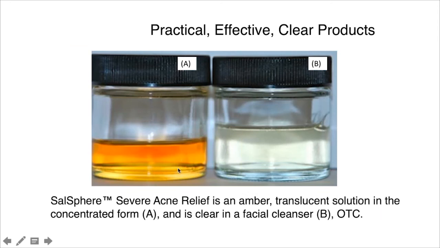It's an amber color, and when it's used at a concentration of OTC, 2% salicylic acid, the product is clear and it can be used as is or in a lotion or any other type of product. This is a practical, effective solution, providing an aesthetic and clear product.